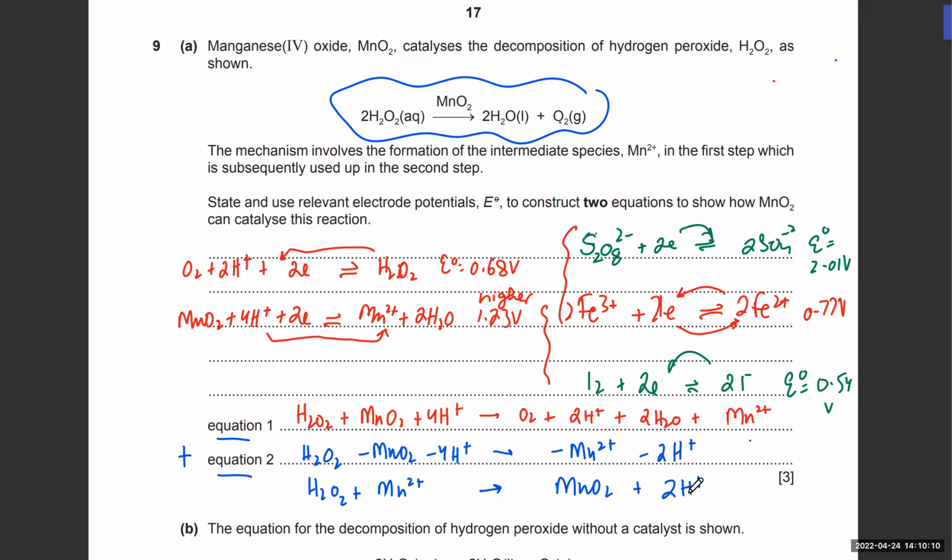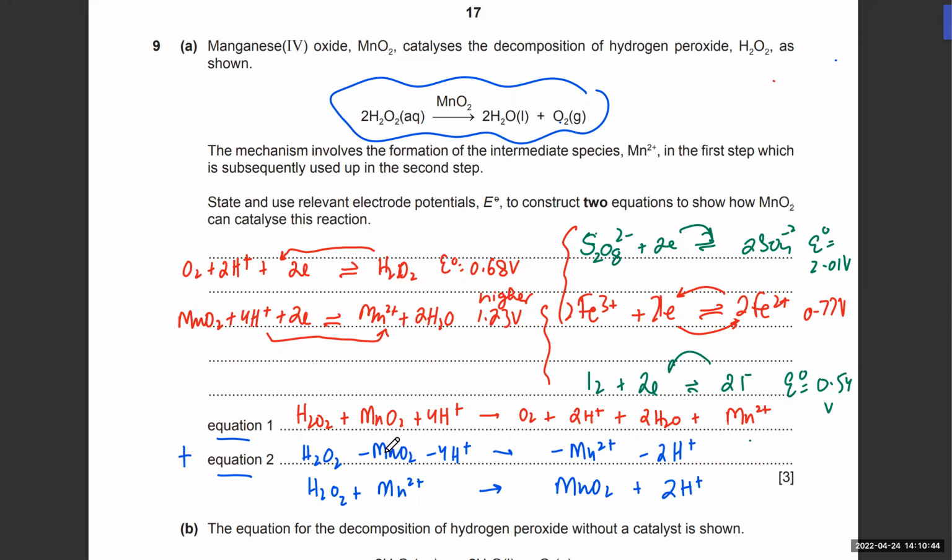In the second one, I'm not trying to do any working like I did for the first one. Once I have the first equation, I know that the two steps will add up to give me this overall equation. So if this is one of the equations, then this will get added up with something to give me two H2O2s, right? If I need two H2O2s on the left side, I already have one H2O2, so the other equation will be bringing in the other H2O2.